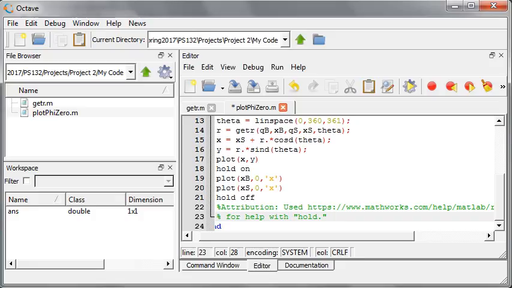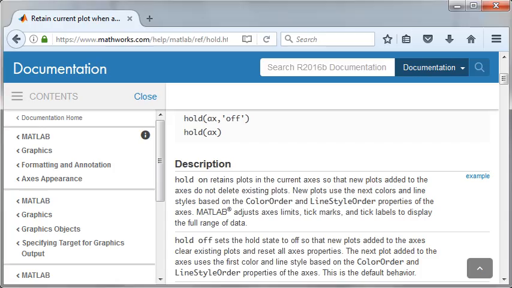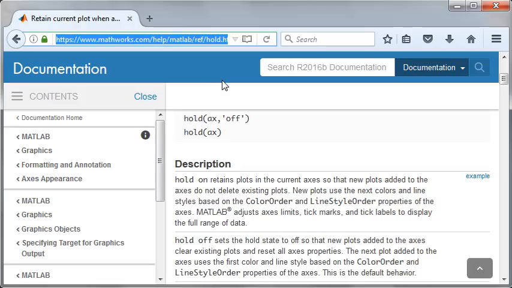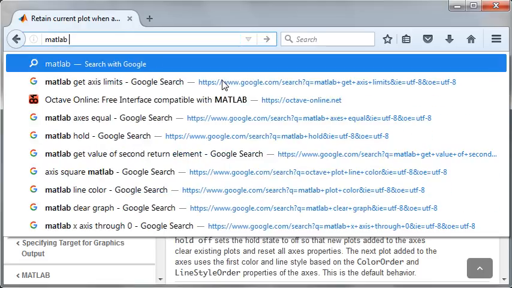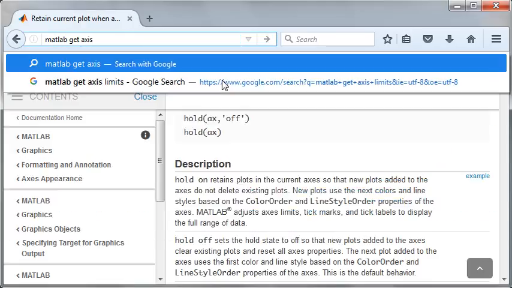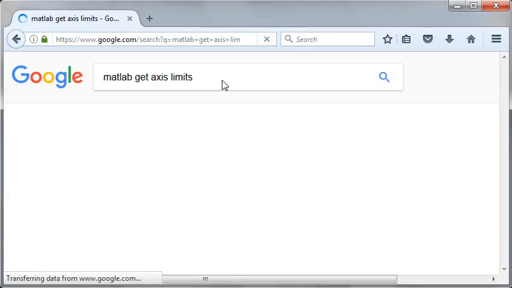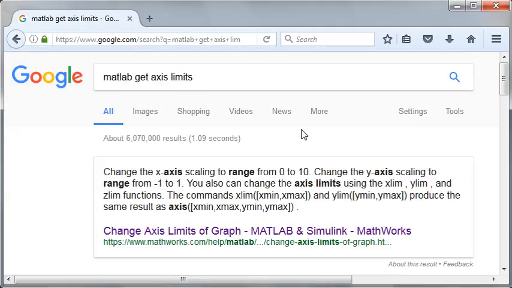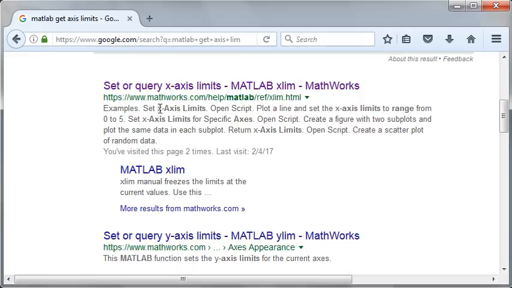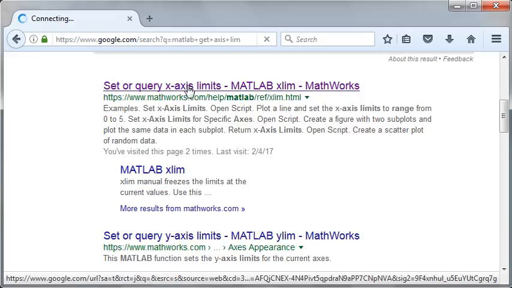limits, get axis limits. I think that's what I want to Google on. MATLAB, get axis limits. So it goes from what to what? Set or query. So I'm doing a query on the x-axis limits.